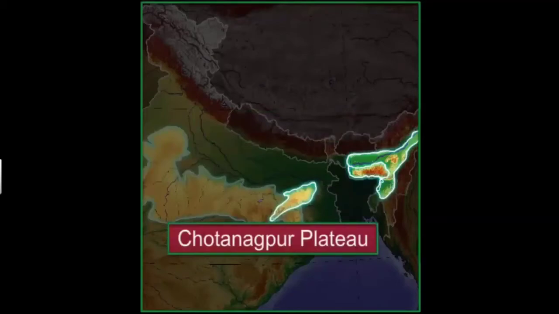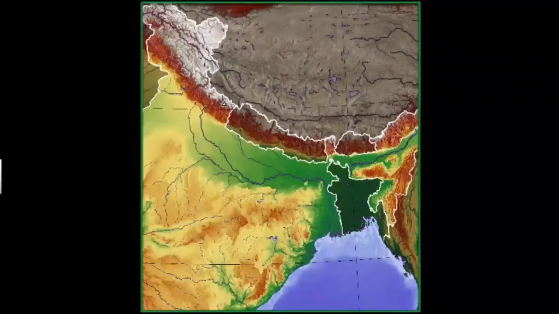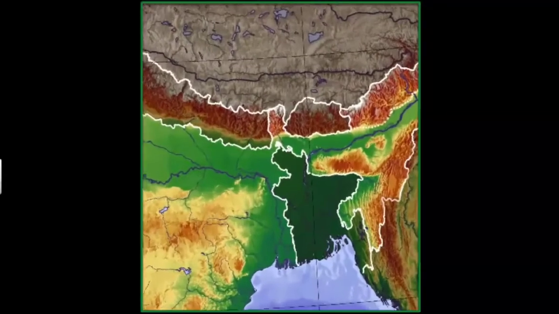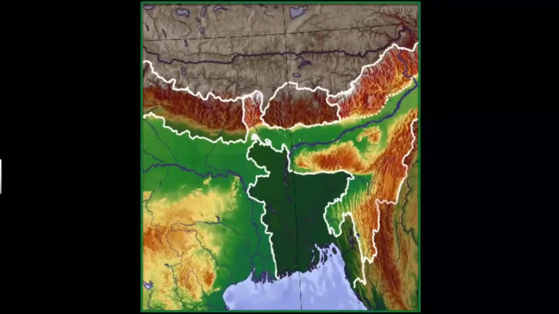There are three prominent hill ranges on the northeastern side of the plateau. As you move from east to west, you can see the Garo Range, the Khasi Ranges, and the Jaintia Hill.